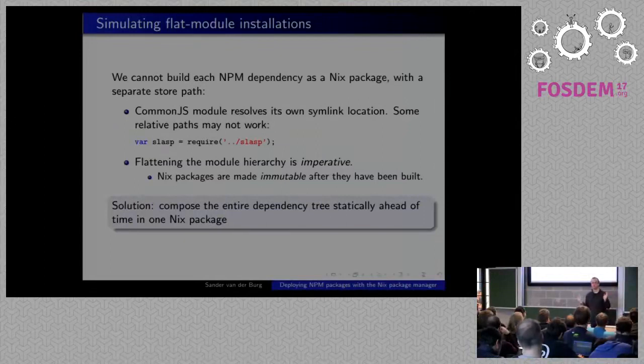So I have to find another solution in the generator to deal with that. And the only option I see is I need to compose the entire dependency tree ahead of time. So instead of translating an npm package to a Nix package, I basically translate an npm package and all its dependencies to one single package. And that's basically the only option I can think of.